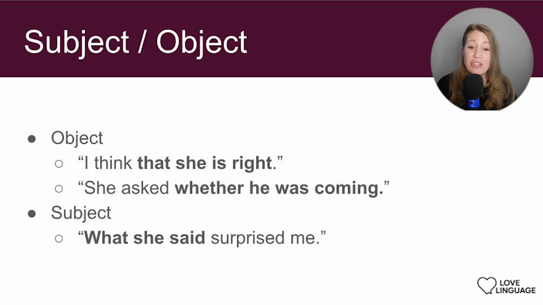Then ask, is it doing the action or is it receiving it? So is it a subject or an object? And understanding these boundaries is important because it clarifies meaning, preventing ambiguity, and helps your writing sound precise and professional. So remember, whether as a subject or object, a complement clause acts like a single noun unit in your sentence.